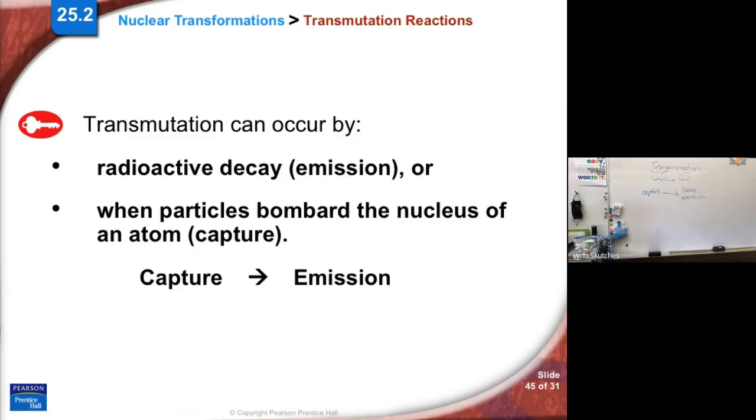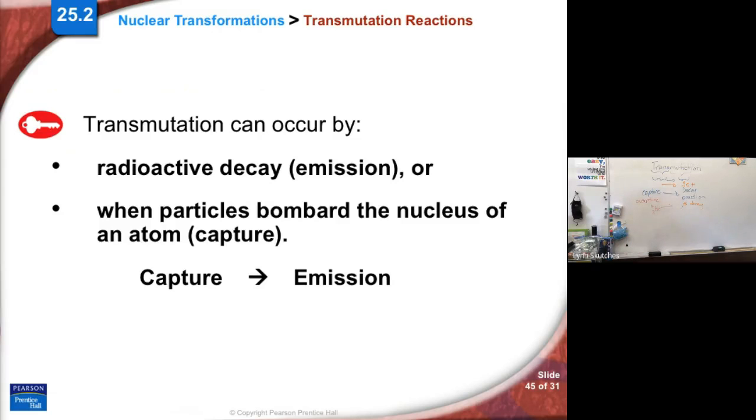If I say alpha capture, the alpha particle is going to be to the left of the arrow. If I say beta decay, the beta particle is going to be on the right of the arrow, for example. Okay, so it tells you where to place whatever particle is mentioned, and then you do the math from there.